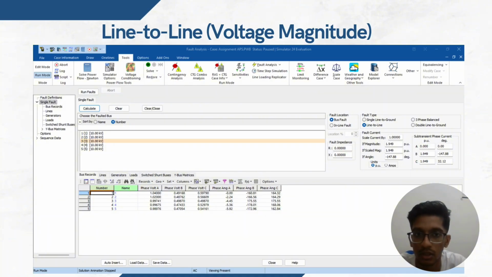The voltage on the healthy phase A remains largely unchanged at 1.0 pu. This type of fault does not involve the ground, so zero sequence currents are absent. The voltage imbalance informs the settings for negative sequence voltage release.